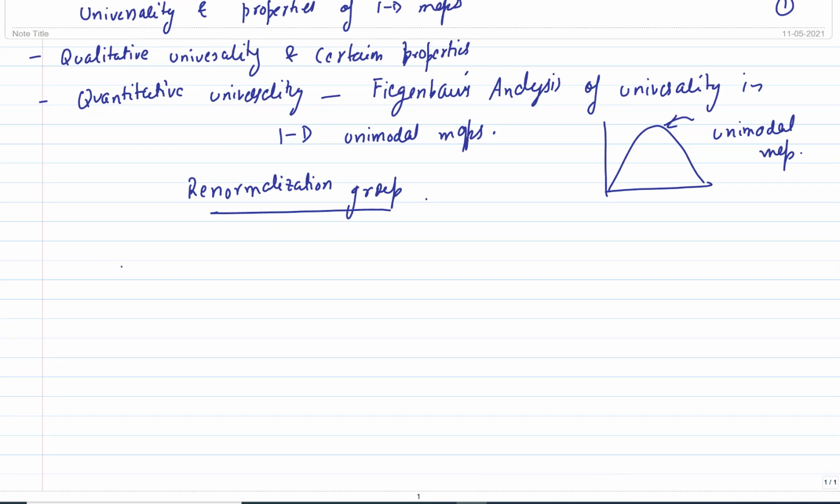Okay, so it is useful to visit again the orbit diagram for our logistic map.